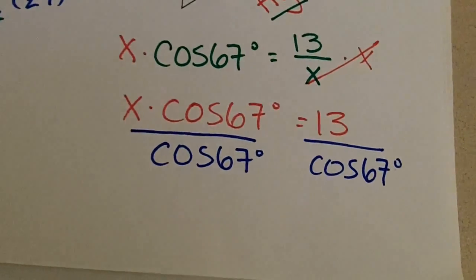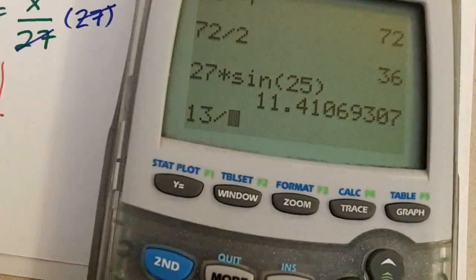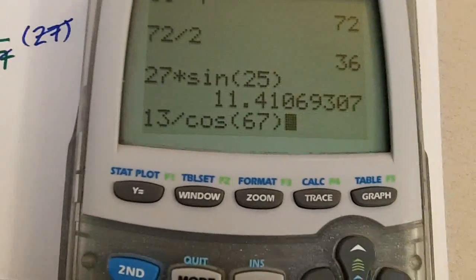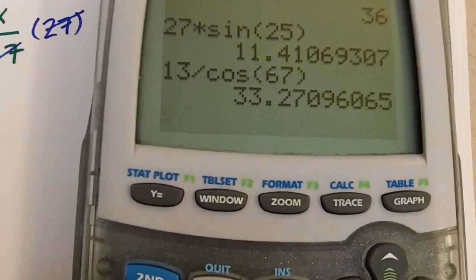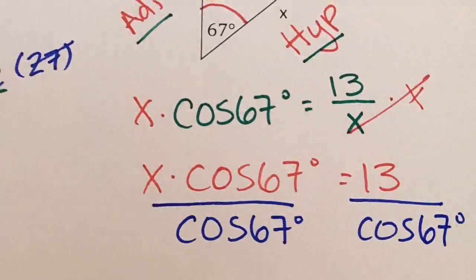Now go back to your calculator. This time type in 13 divided by the cosine of 67. So x is 33.27.